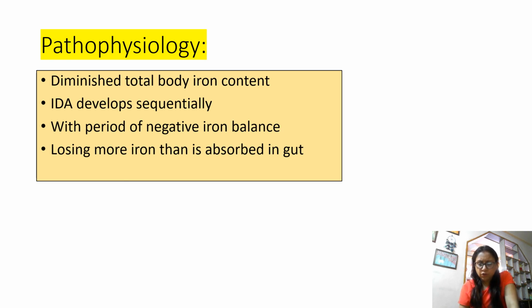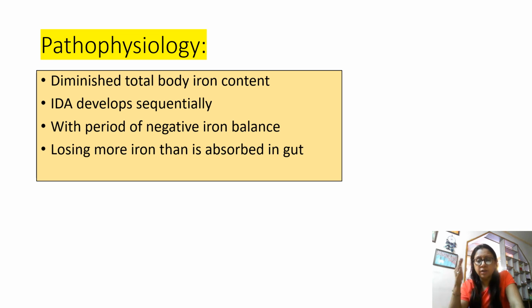So what we saw, now what is the pathophysiology? If you look at iron deficiency, why will iron deficiency happen? The first important cause is when our total body iron content is diminished. And you know, iron deficiency anemia cannot happen suddenly, that suddenly a patient is presenting you with iron deficiency anemia. It develops in stages.